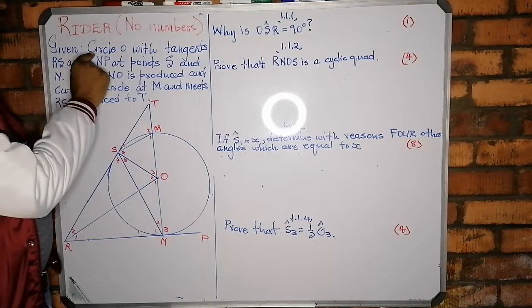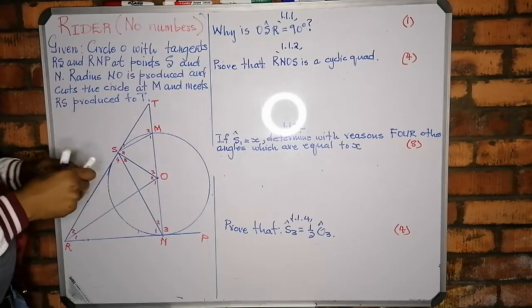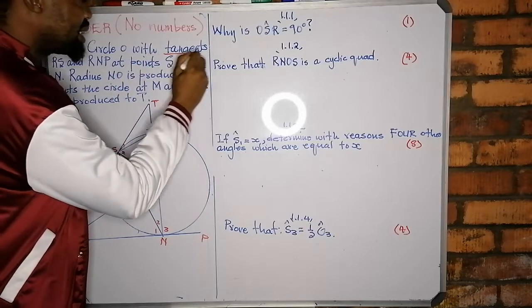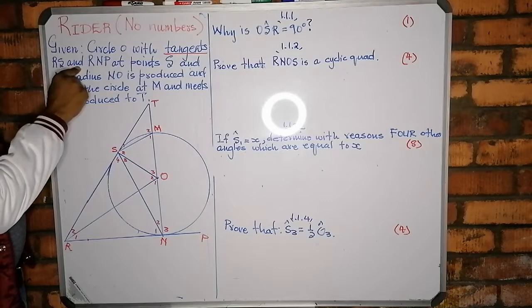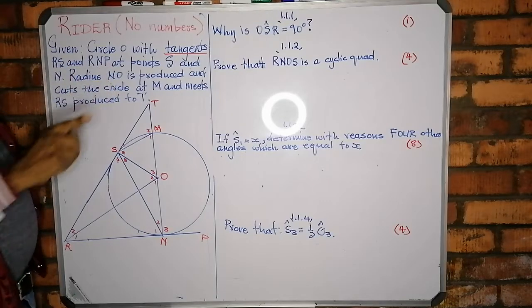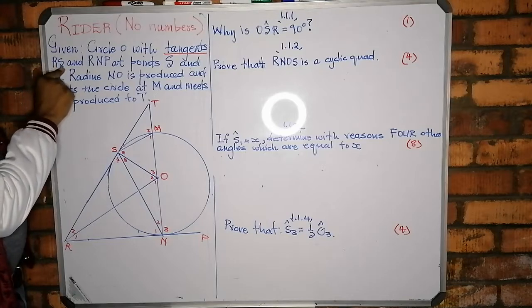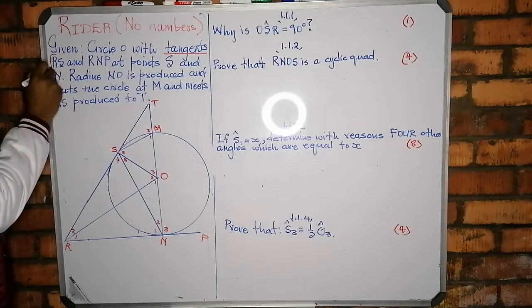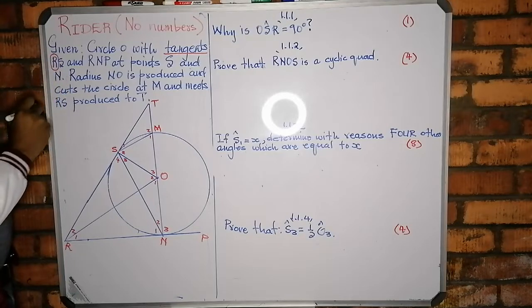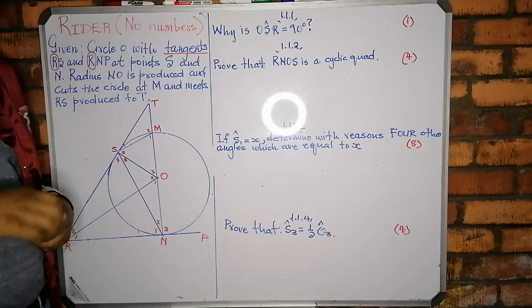It continues to say circle O with tangents. I want to underline that. Tangents RS and RNP. I want to stress this. Tangent RS and tangent RNP.